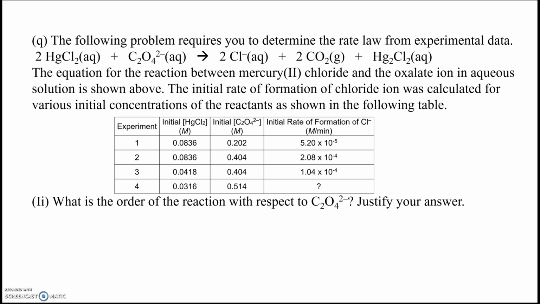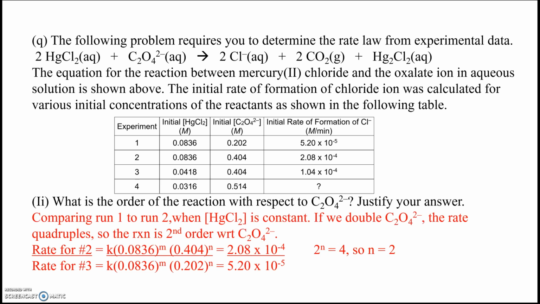The next step is to evaluate this with respect to the oxalate ion. And we're going to do the same exact thing, but instead of comparing 2 and 3, we're going to compare runs 1 and 2. Because in runs 1 and 2, that's where HgCl2 is constant, but oxalate changes.